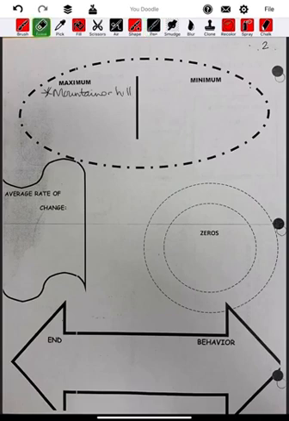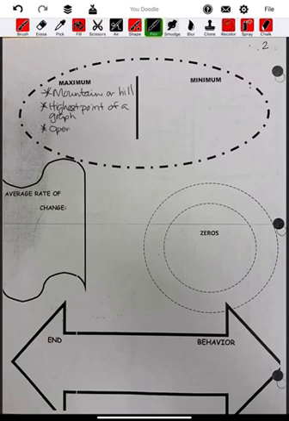The next part we want to say, it is the highest point of a graph. It opens down. And for now, I want you to write negative a.